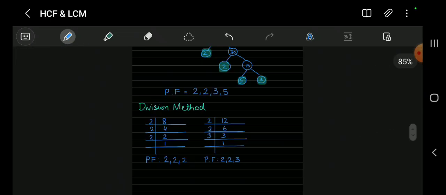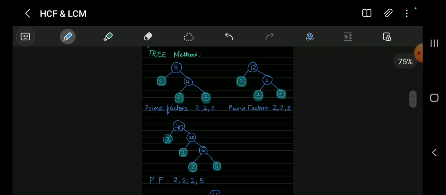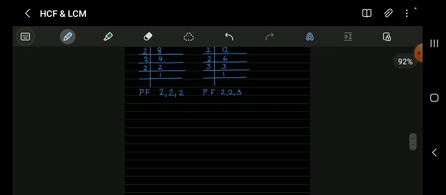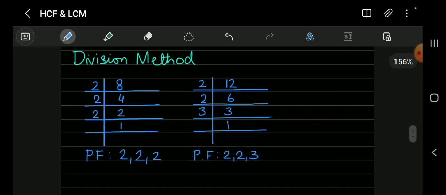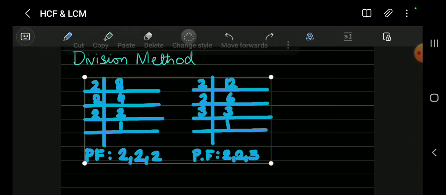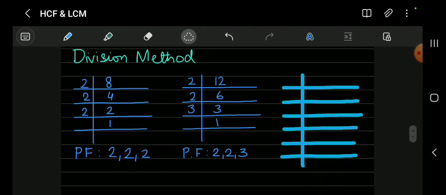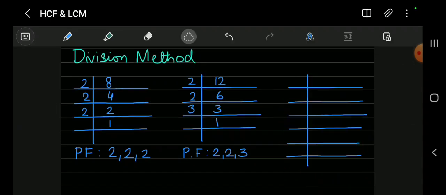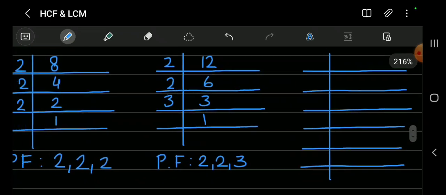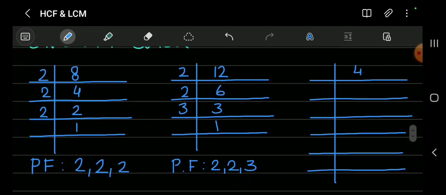Okay, next is the number that we used, 40. 2 20s are 40. 2 10s are 20. 2 5s are 10.